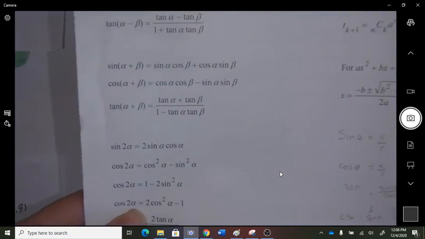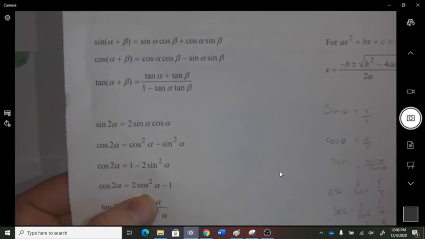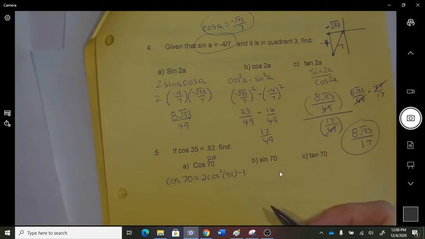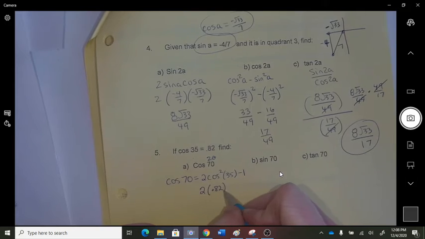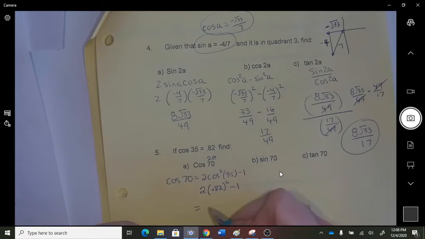So if you can see in my formula, I'm treating A as 35, so 2A is 70. So 2 times 0.82 squared, right? Because cos 35 is 0.82, but I'd have to square it minus 1. Okay, so I get 0.3448.